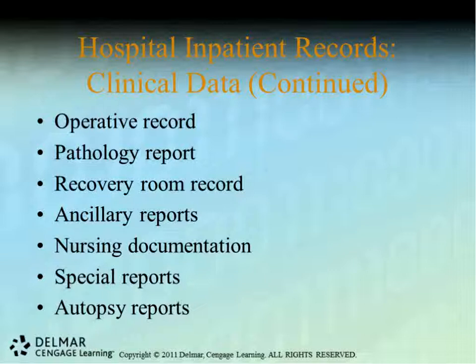If you look on page 171, figure 6.26A, this is an example of a lab report. So usually when you see that, you will see stuff like your sodium, your potassium.